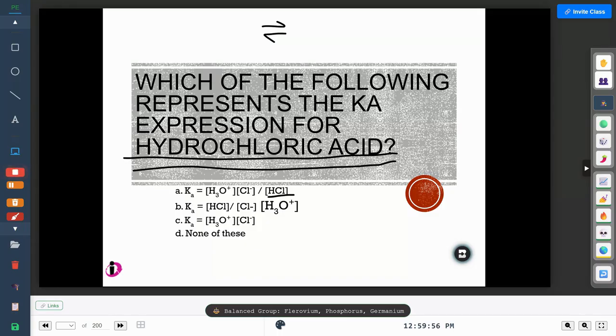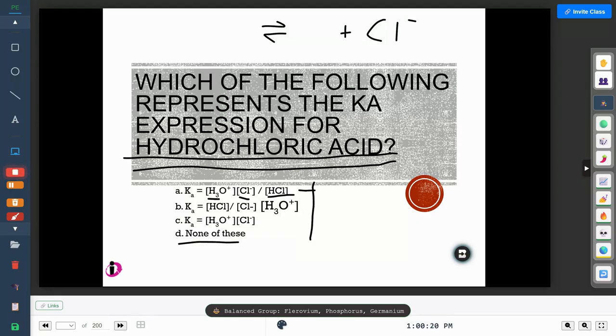None of these, except for that one, has the HCl in the denominator, right? So then you've got to double check. Could it be none of these? Well, your products are going to be H3O plus, and then your ion, which is left over from that HCl. And so you are looking at A as your correct answer.